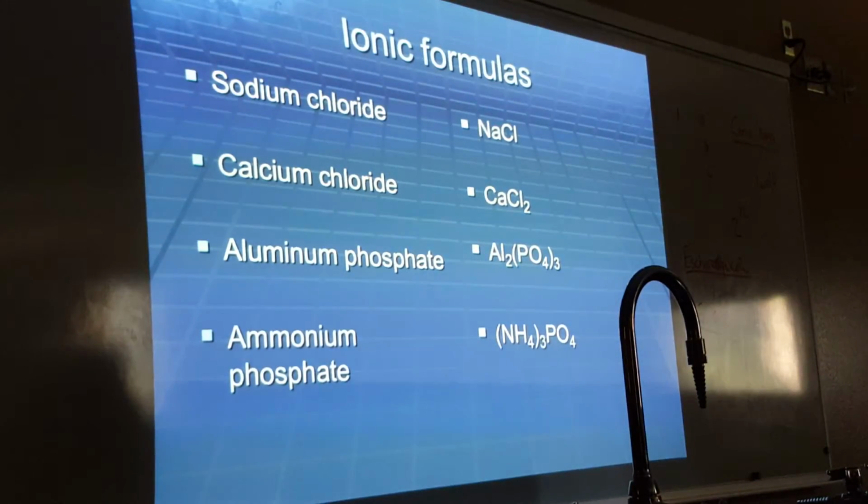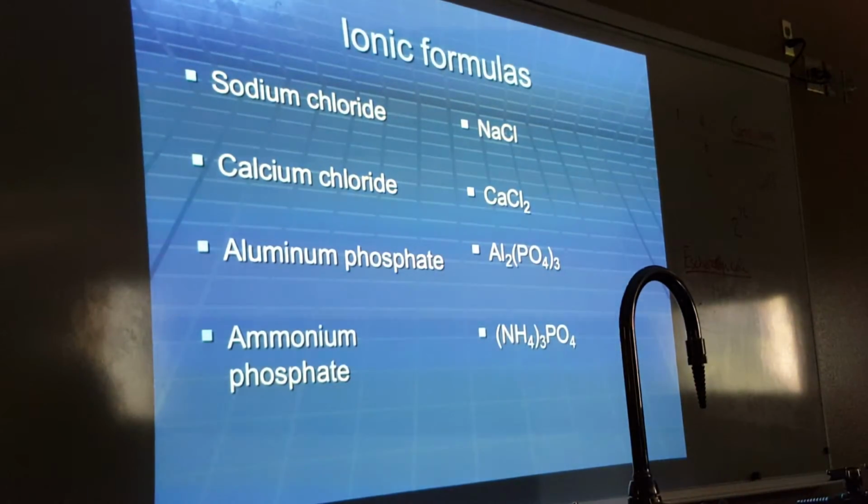Okay, and so we write the positive ion first, you leave the charges out in the finished product, and so you write calcium and then you write chloride and you use a subscript to indicate how many you have. So we got 2 chlorides to go with every calcium, so that's the formula for calcium chloride.